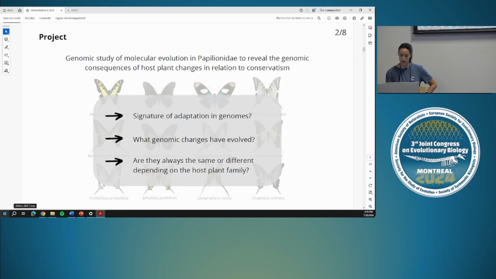We would like to know if there are adaptive signatures in the genome caused by host plant changes for the different groups of Papilionidae, what genomic changes have evolved in response, and if there are the same genomic changes behind all host plants, or if they differ between host plant families.